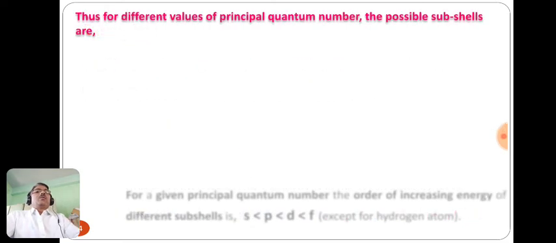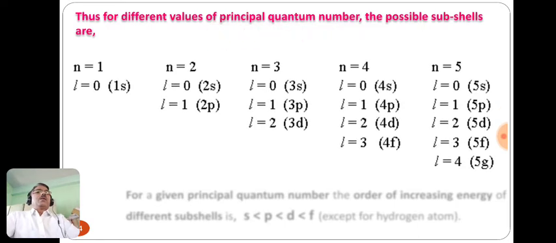Now here, for different values of the principal quantum number, the possible subshells are given. When n equals 1, l equals 0, it is denoted as the 1s subshell. When n equals 2, the principal quantum number equals 2, then it has two possible azimuthal quantum number values, that is l equal to 0 and l equal to 1.